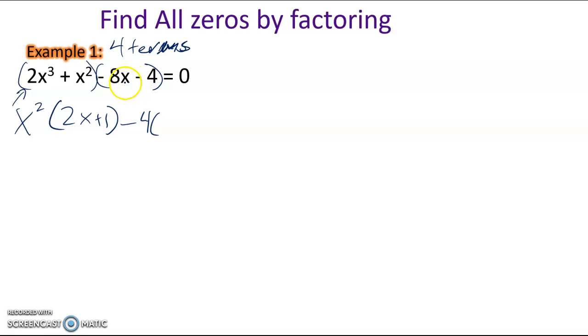Negative 8 divided by negative 4 is 2, the x stays the same, and negative 4 divided by negative 4 is a positive 1, so it turns to plus 1. This is what I'm looking for: the same exact thing in the parentheses here and here. If I don't have the same thing in the parentheses, then I can't continue any further. There's nothing more I can do.